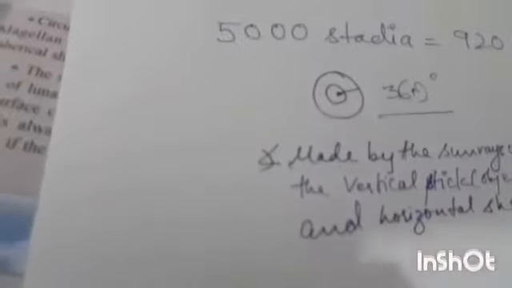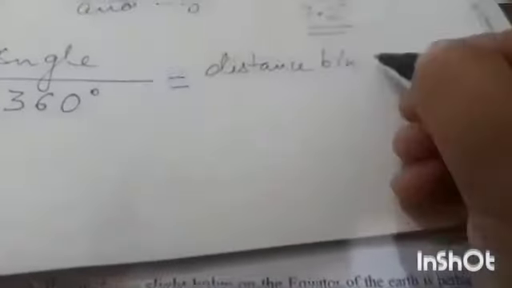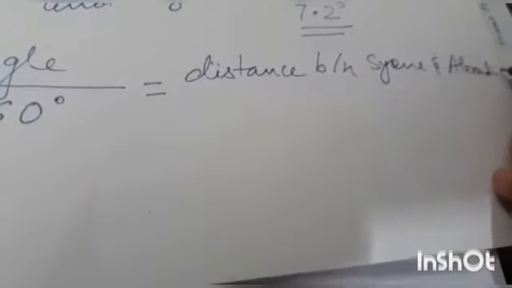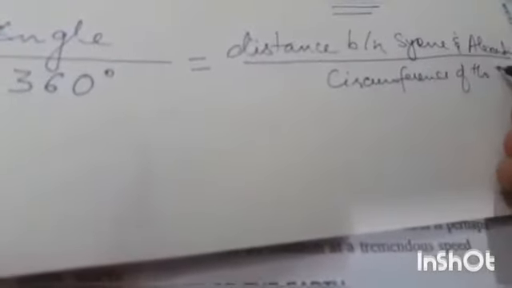He put the formula: the angle made by the sun rays with the vertical object and the horizontal shadow, upon the total 360 degrees, the complete angle, equals the distance between Syene and Alexandria upon the circumference of the Earth.